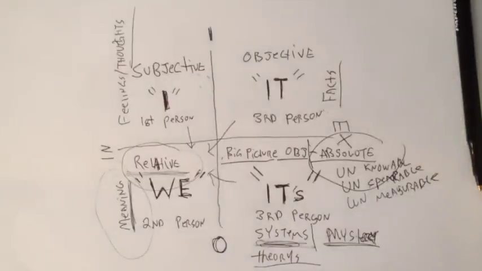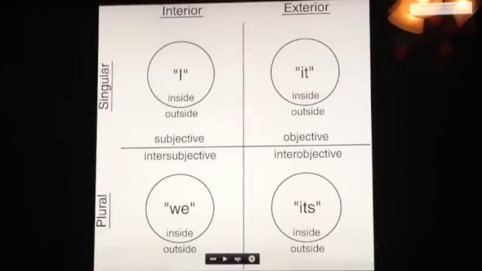Remember when I said that if you tried to, you could probably find quadrants within these quadrants? Well, check this out. One more graph I want to show you before we go has to do with what's called Integral Methodological Pluralism, which is a fun thing to say, but what it basically means is that each of these quadrants, the I, the we, the it, and the its, as we've been talking about, they have different approaches to different kinds of truth.